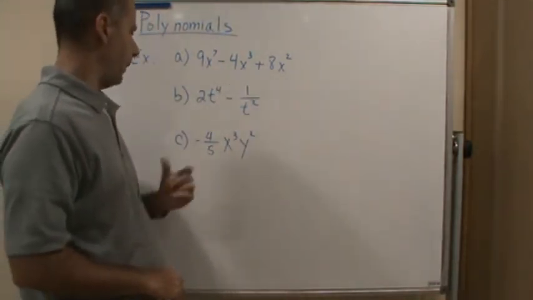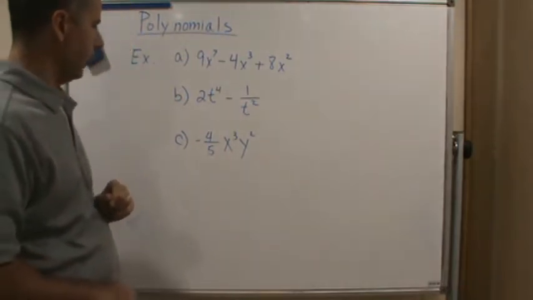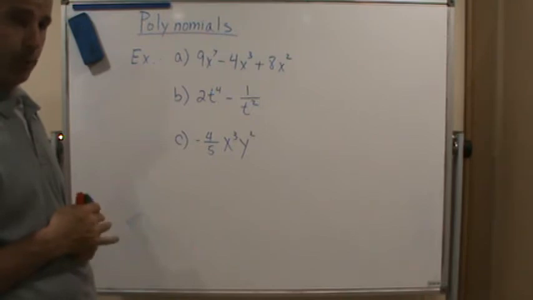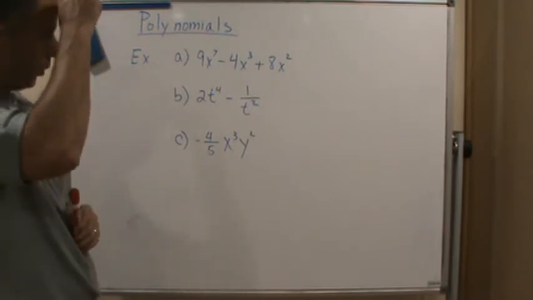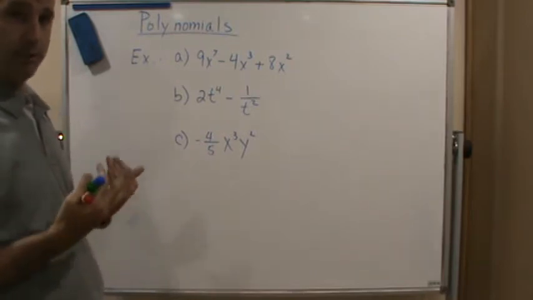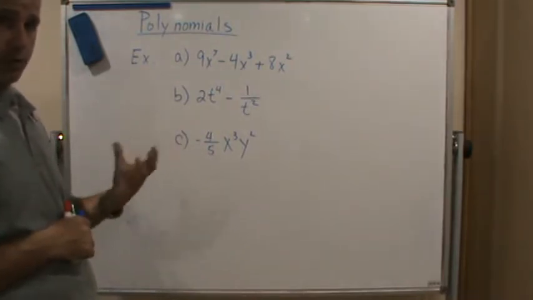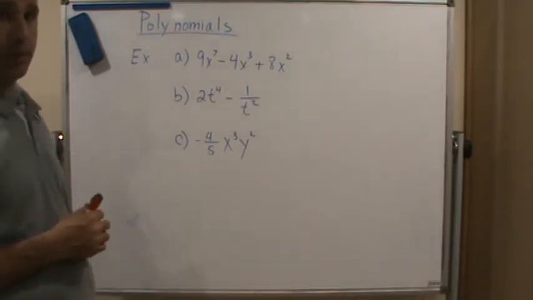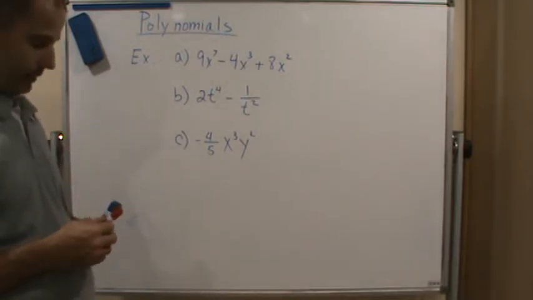Okay. This one here is not a polynomial. It's not a polynomial because remember, the definition of a polynomial is that it has to have a sum of terms, at least one term, but the exponents on the variables must be 0 or positive.